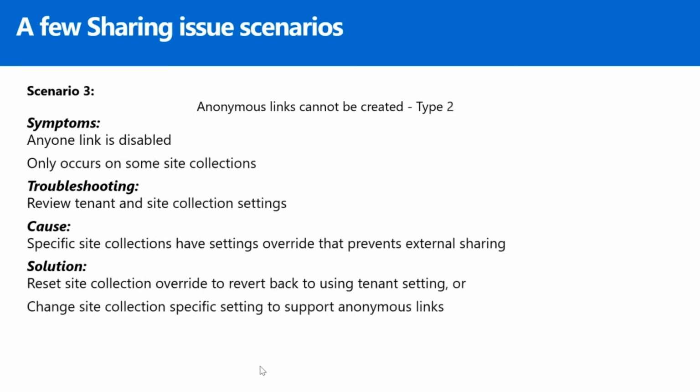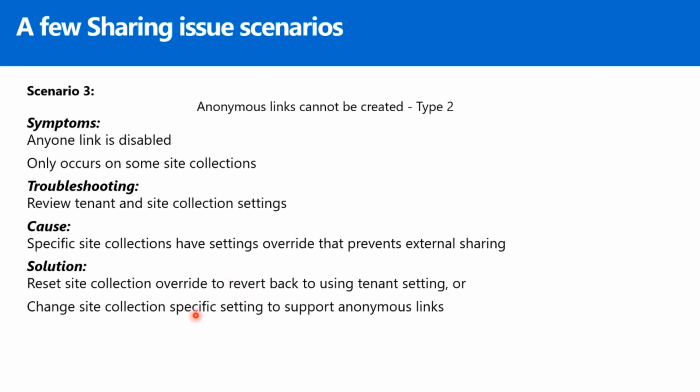Now, the next one is again the same scenario, that anonymous links cannot be created, but there's a difference. Here, if you look under symptoms, it says it occurs only on some site collections, right? Not all site collections. So here too, we will review tenant and site collection settings and try to figure out the cause.